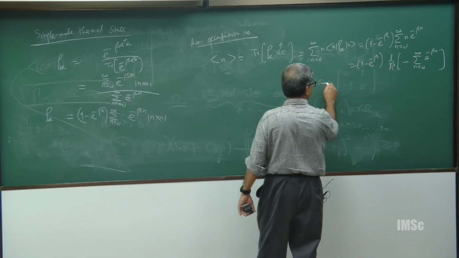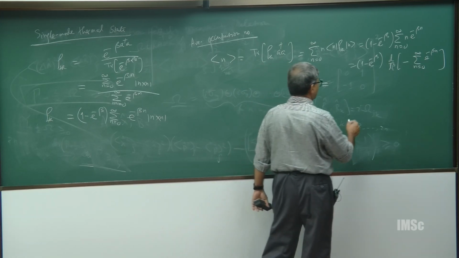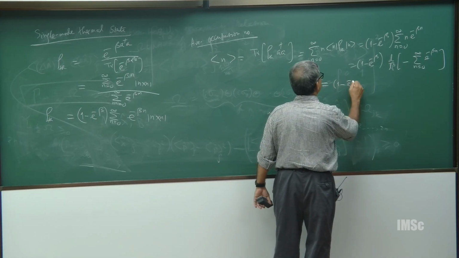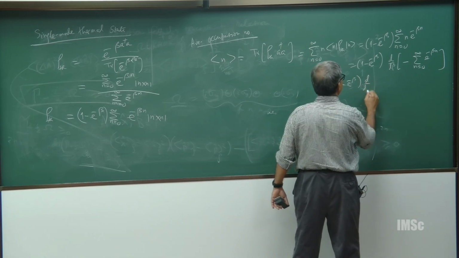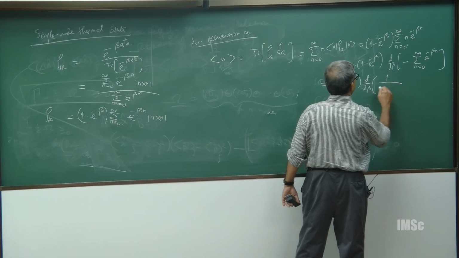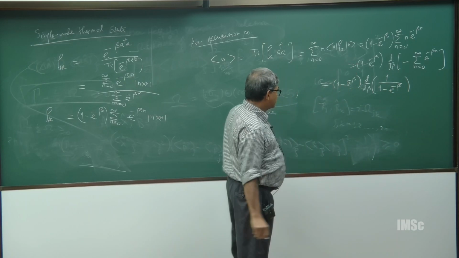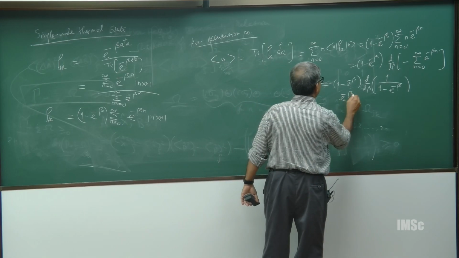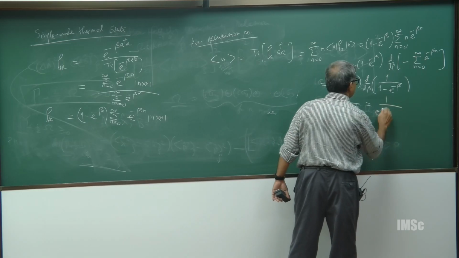So, is this correct? Yes. And this will be therefore 1 minus e to the power minus beta, and then d d beta of 1 by 1 minus e to the power minus beta. So, this is e to the power minus beta by 1 minus e to the power minus beta. So, basically 1 by e to the power beta minus 1.